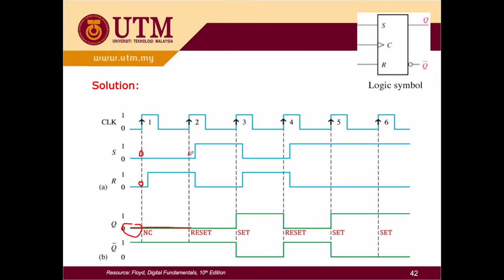You can see over here, this one is 0, 1. 0, 1 will be reset. So reset is 0. So you remain at 0, or reset, until the next clock over here. The value is 1, 0, it is set. So you will be up until the next clock trigger.